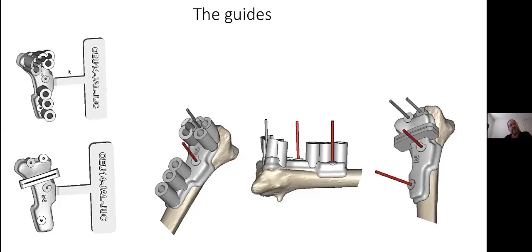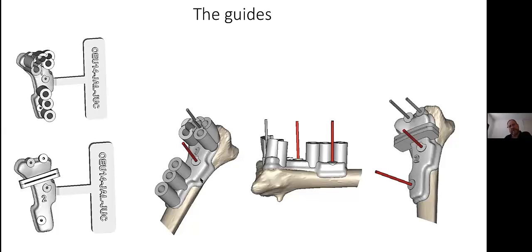When Materialize sends them now, they have some tags that you just bend away, and here you see how the guide fits on the bone. It should be really close contact, and they have some small extensions here, like a footprint or a grip.